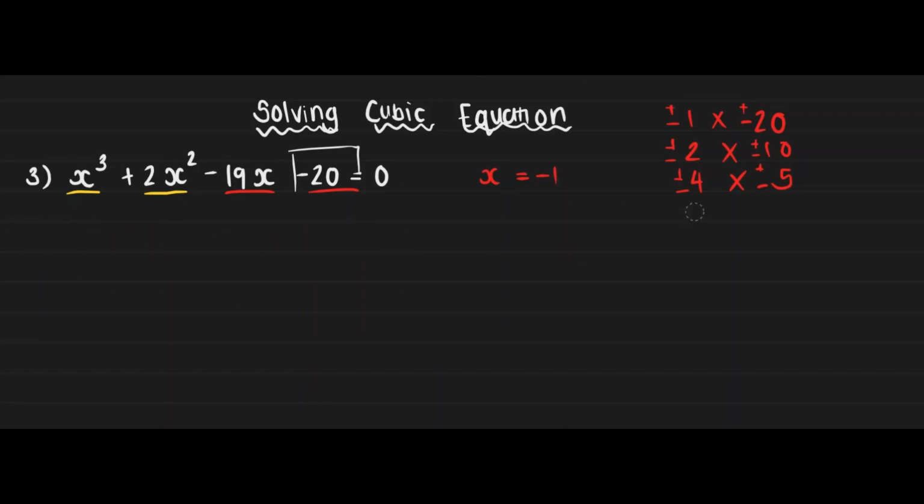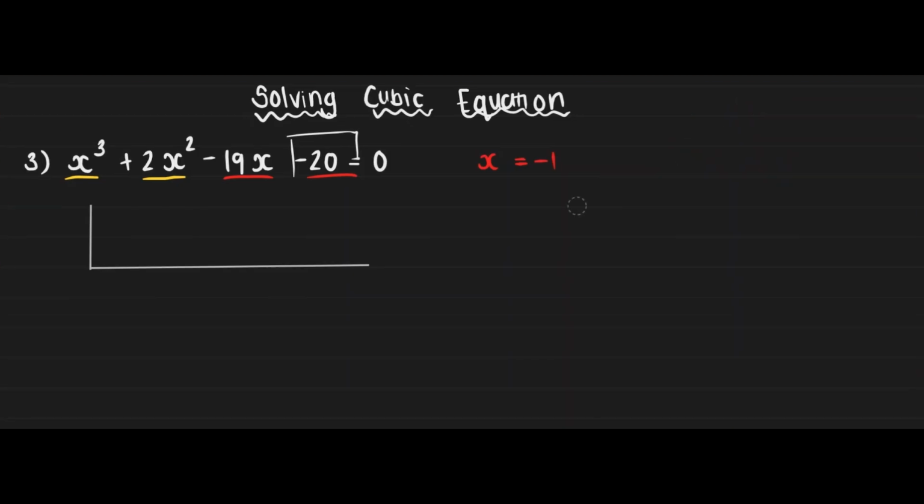So let me clean this off. What you're going to do is draw an L like this. Then after drawing an L like that, here on the side, you're going to write whatever factor you got when you substituted inside. You got a 0, which in our case is negative 1. Then here on top, you're going to write the coefficients of each part.